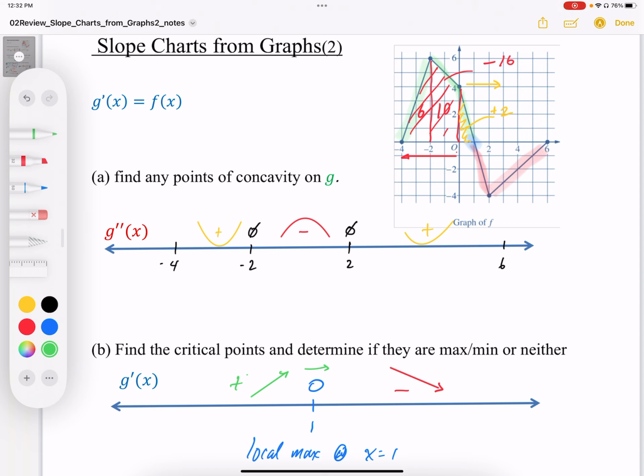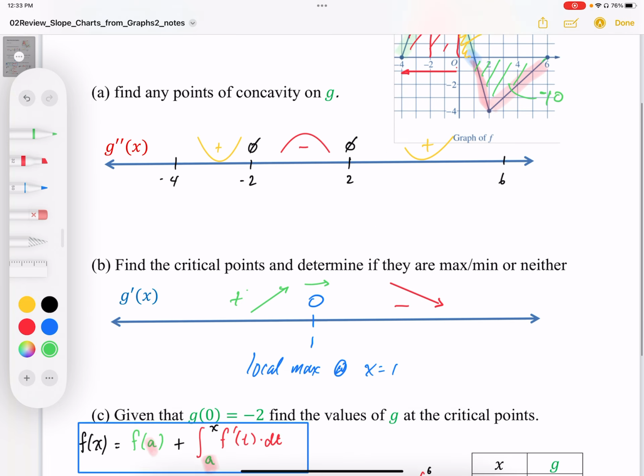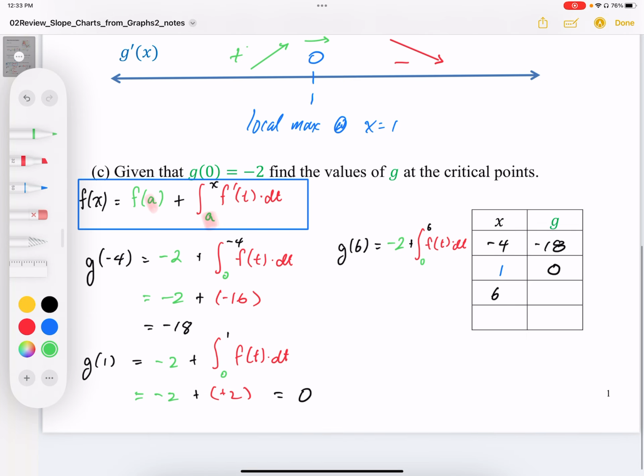And then we also have this area all the way to 6. That area is below the x-axis. It has a width of 5, height of 4, so 4 times 5 divided by 2 gives me an area of 10. And since it's below the x-axis, integrating from left to right, we have +2 minus 10. That's going to give us a net displacement of -8.